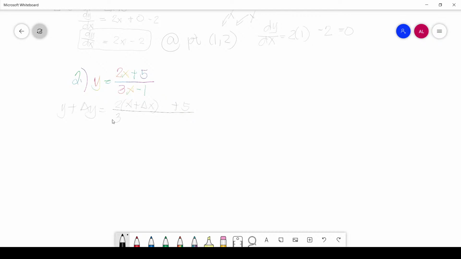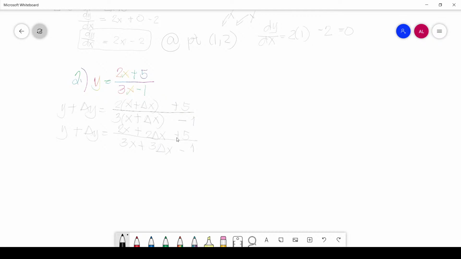Then 3, again don't forget the parenthesis, minus 1. Okay. So again, expand. y plus delta y is equal to 2x plus 2 delta x plus 5, over 3x plus 3 delta x minus 1.